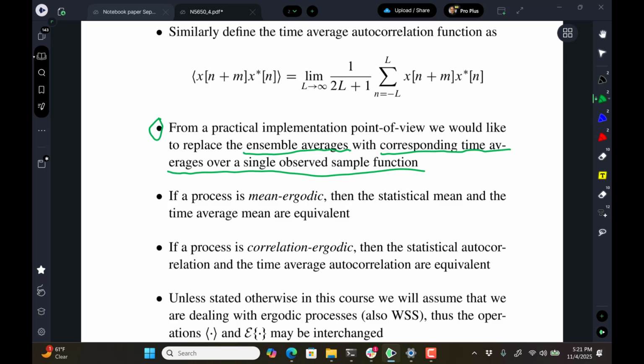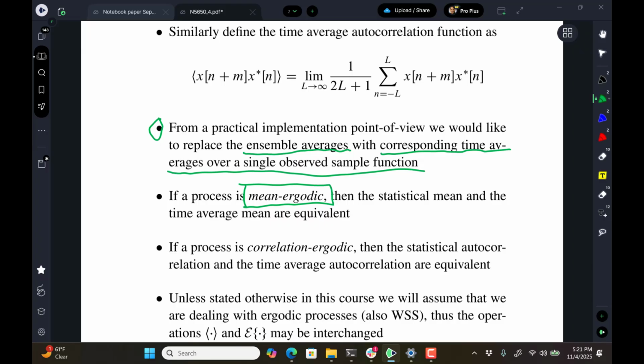Well, mathematicians have discussed that and studied it. So if a process is mean ergodic, and that's a big name, it's a mathematical thing. I didn't come up with it. I had to get my brain around it. Mean ergodic just says the statistical mean and the time average mean are equivalent. We'll be making that assumption here.